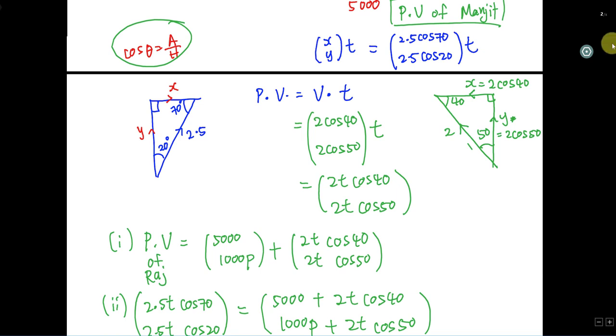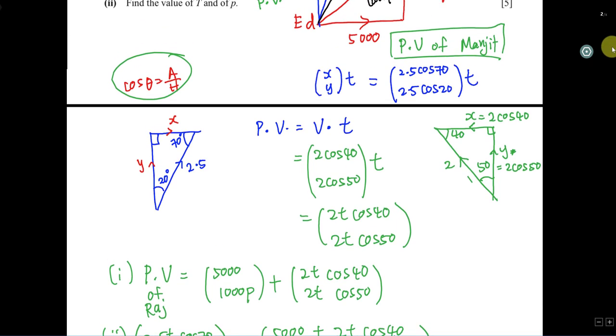We know that on the Cartesian plane, moving in this direction is negative. For the x value, if going to the right, x will be positive, and going to the left, x should be negative.